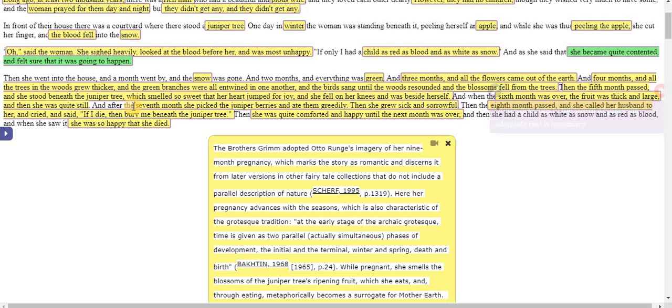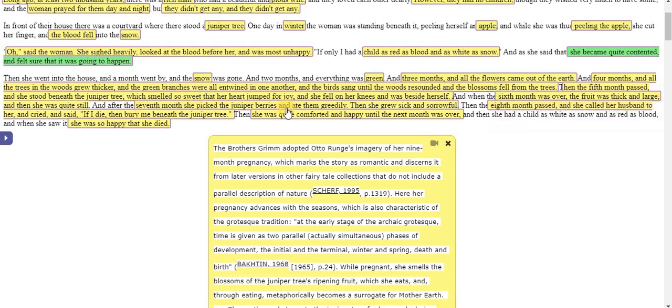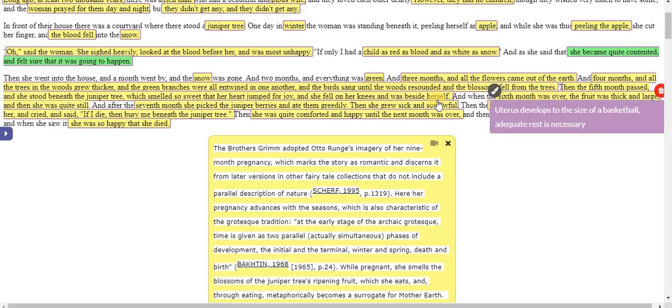And after that, in the 7th month, she picked the juniper berries and ate them greedily. So again, see, during the 5th month itself, the woman grows an appetite, right? She feels like eating anything and everything.